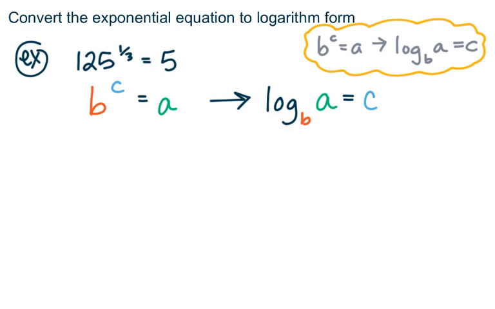Stay consistent with our colors. So this becomes log base 125 of 5 equals 1/3.